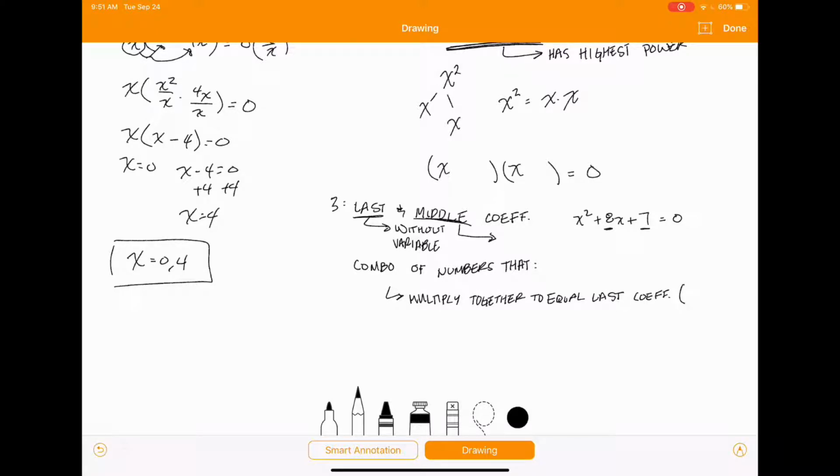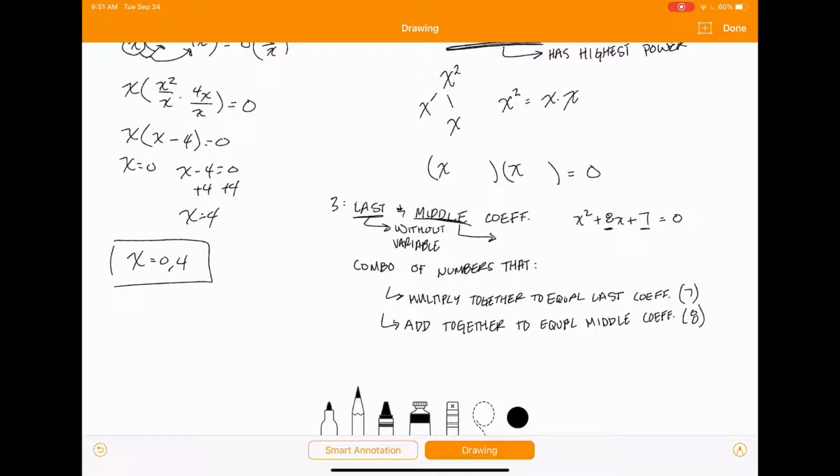In this case, that would be 7. Those two numbers also need to add together to equal the middle term coefficient. In this example, that's going to be 8.